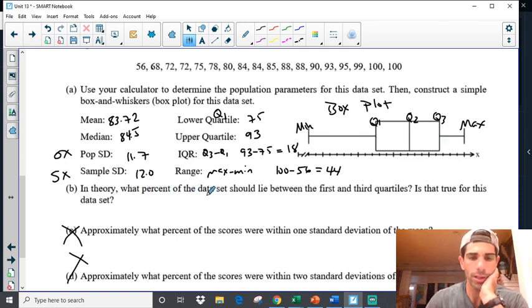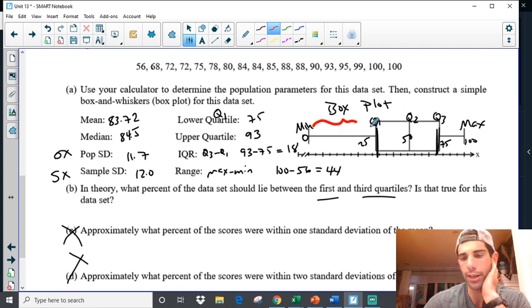In theory, what percent of data should lie between the first and third quartile? And is that true for this data set? So here's your first quartile, and here's your third quartile. Remember, this represents 0, the first quartile represents 25%, this represents the 50th percent, this represents 75, and this represents 100.